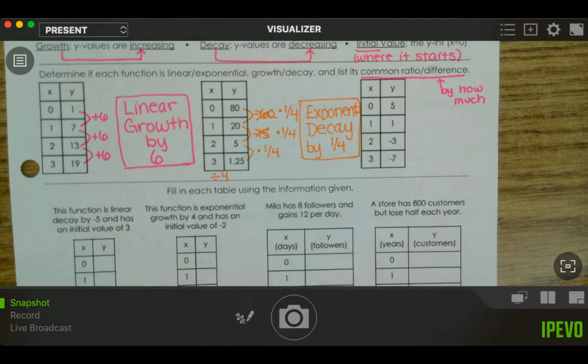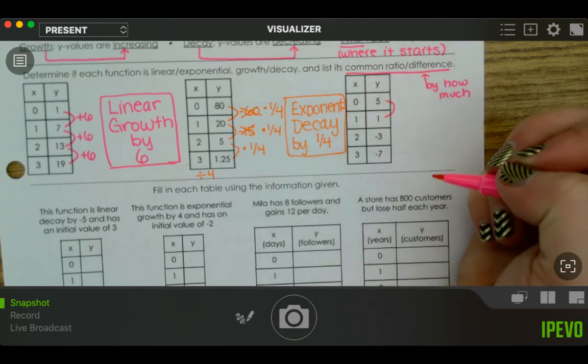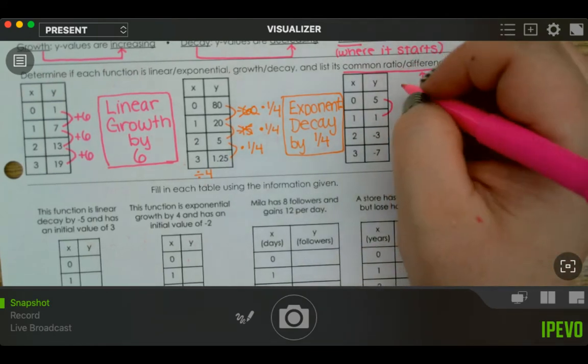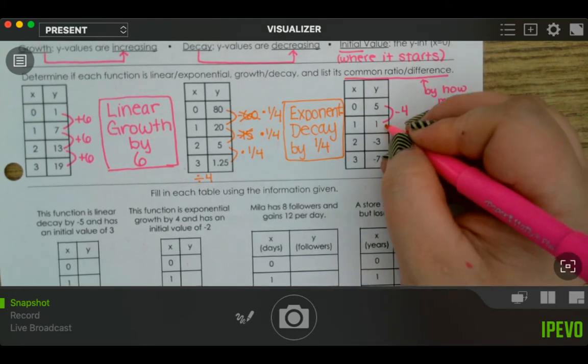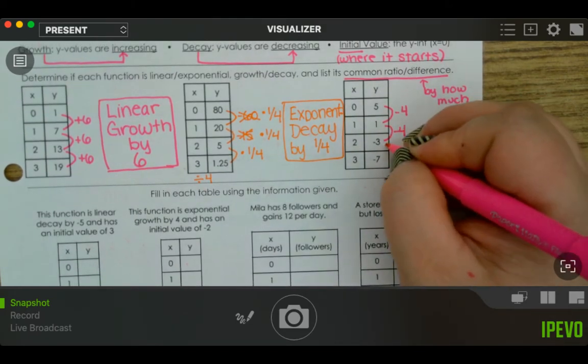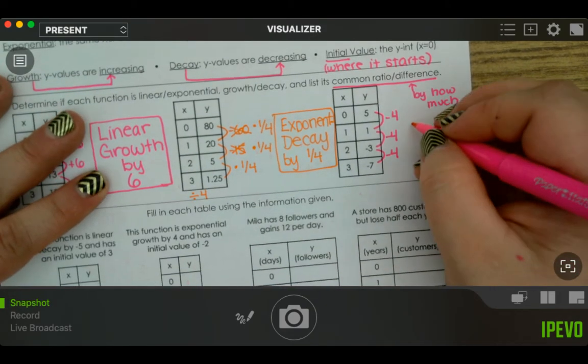And then this third one, we go from 5 to 1. So if we were focusing on adding first, that would be adding -4. And then this would be adding -4. And this would be adding -4. Those are all the same. So it is linear.